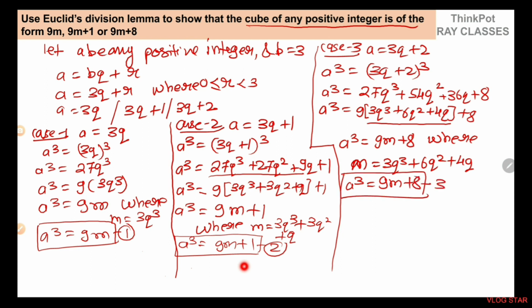So if you compare point number 1, 2 and 3, we can see that the cube of any positive integer is of the form either 9m or 9m plus 1 or 9m plus 8.